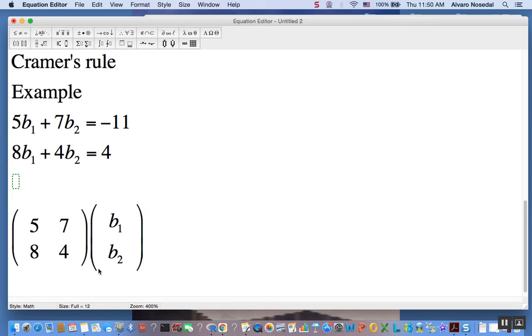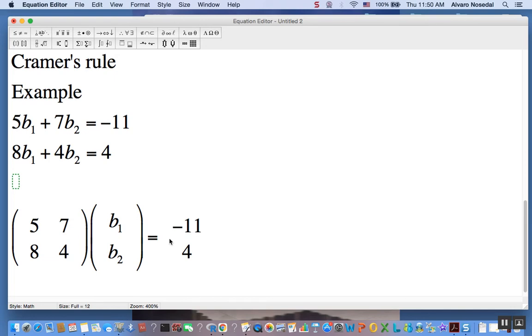So they are conformable, and if you do first row times this column, this is going to yield 5 times B1 plus 7 times B2, right? And we want that to be equal to minus 11. This one, 8 times B1 plus 4 times B2 equals 4.